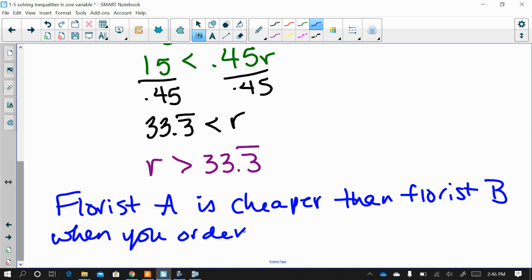Again, can I order 0.3 repeating of a rose? Absolutely not. So let's change that to R is greater than or equal to 34. Okay, 34 or more.